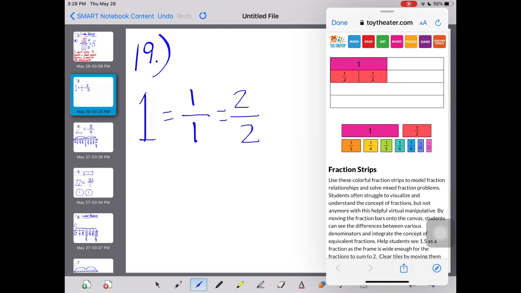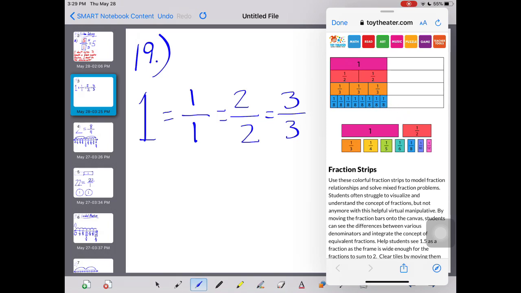Let's cut it up into thirds. You need 1, 2, and 3 to make 1 whole, so our denominator is 3. And how many pieces do we have for 1 whole? 1, 2, 3. Do you guys see a pattern there? We can continue this on. I can skip it and go right to maybe eighths. How many eighths does it take to make 1 whole?